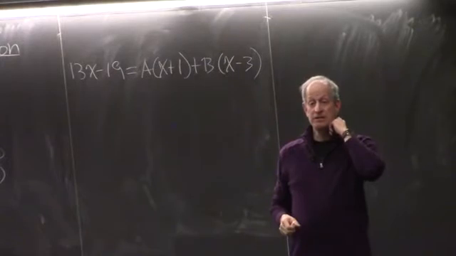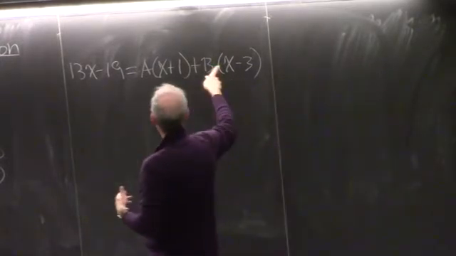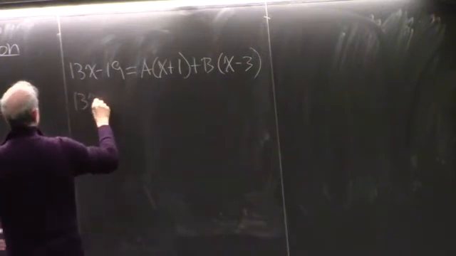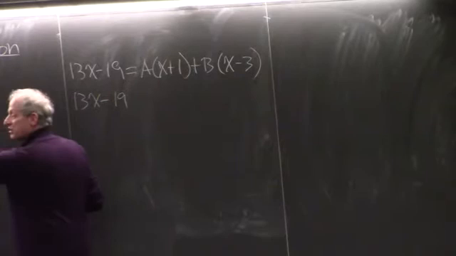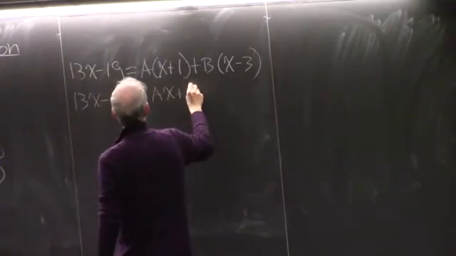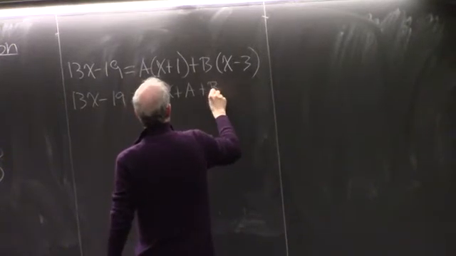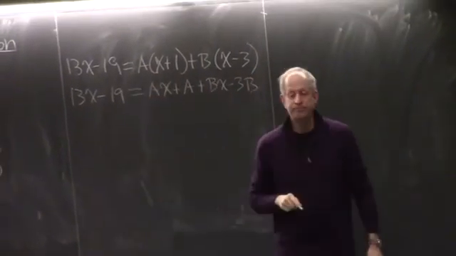Make sense? Remember, I'm just working the other direction. Distribute. Because they all have the same denominator, I can ignore the denominator. The numerators must be equal. So I distribute and I get ax plus a plus bx minus 3b equals that.